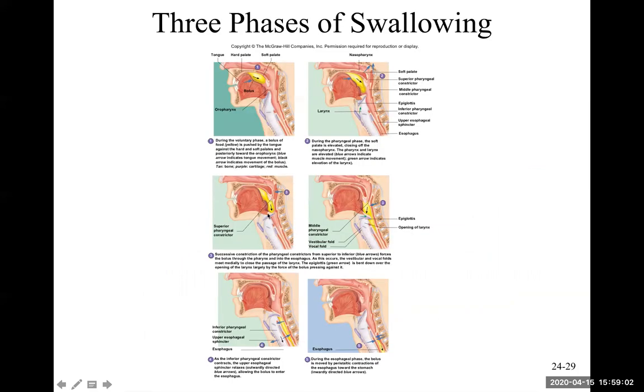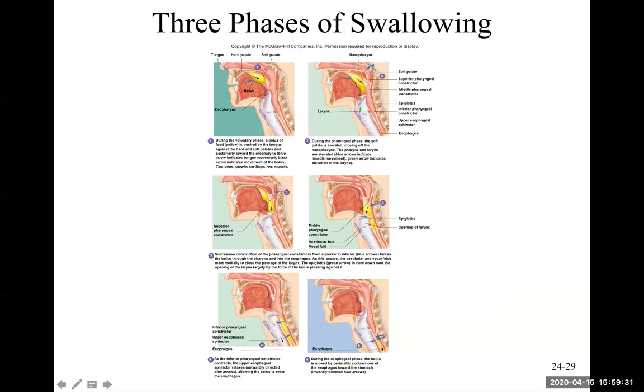Now, we've all had it where a drink can go up this way. If you're drinking a soda or a beer and somebody makes you laugh, you have a lot of pressure from below, and it forces that fluid up into your nose. And it gives you that weird sensation where you have fluid going into your nostrils and out.